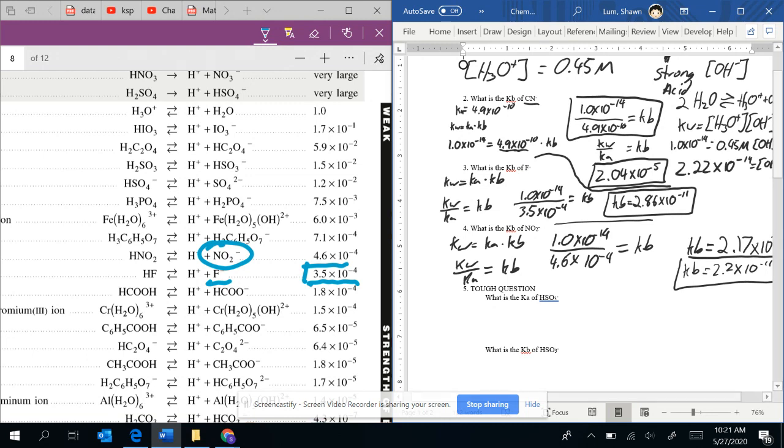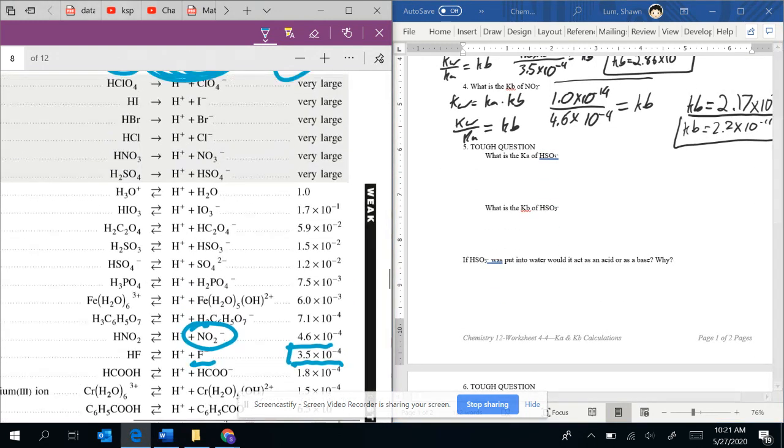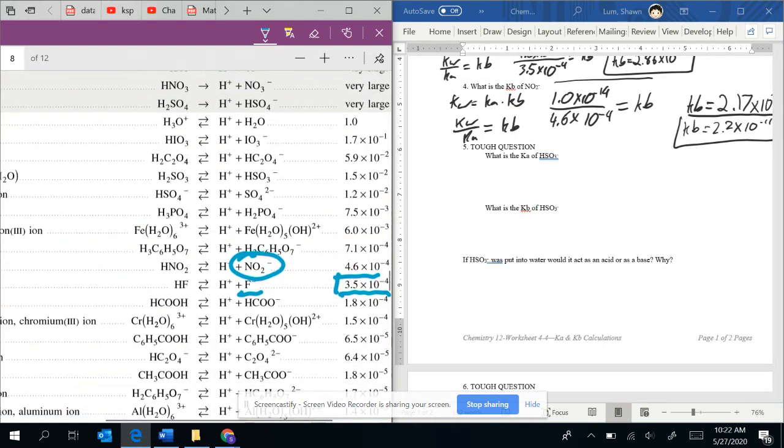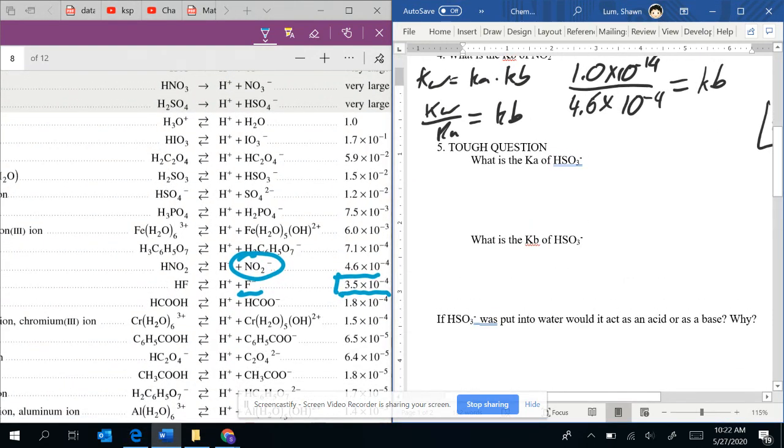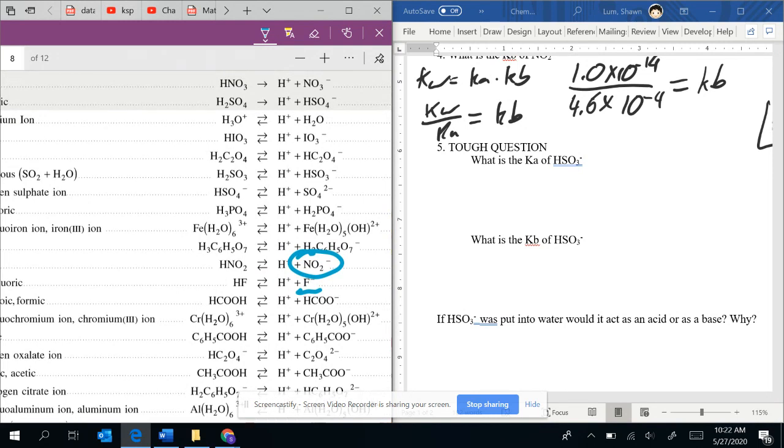Okay, now here's the next question. I wrote tough question because it's going to relate back to the acid and base stuff. So first off, this next one says, what is the Ka of HSO3 minus? So I'm going to find HSO3 minus. Now, here is HSO3 minus, but I'm finding the Ka of this.